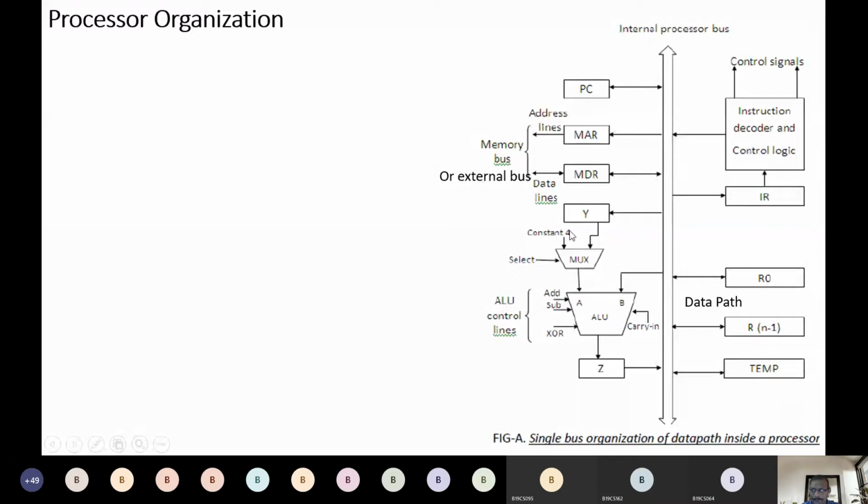And you can see at the right side there are multiple registers R0, R1, R2, and so on. These are the processor general purpose registers. As I said in the previous classes, how many registers are possible?